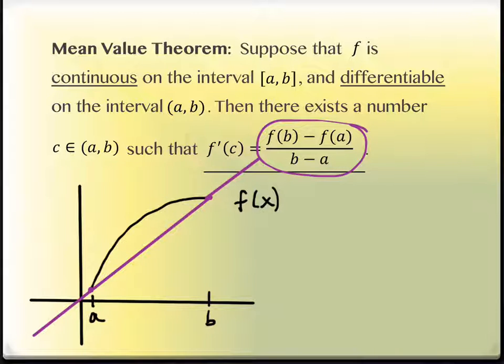I can always calculate the slope of that line. What the mean value theorem is saying is that there is another location between A and B that would have the same slope. In particular, if you can imagine drawing a parallel line over here, roughly like this. Just a tangent. It's a tangent line. They're saying there's a tangent line on our curve that has the same slope.